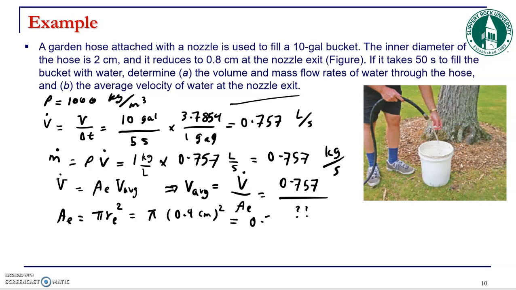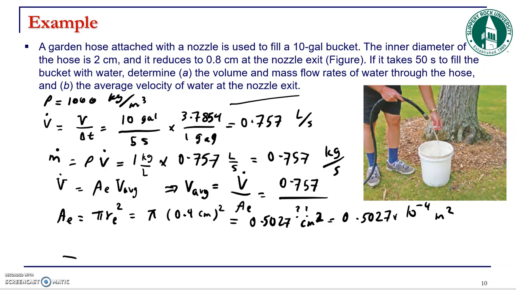That's 0.5027 square centimeter. And then this can be converted to meter squared, of course. 0.5027 multiplied by 10 to the negative 4 meter squared.